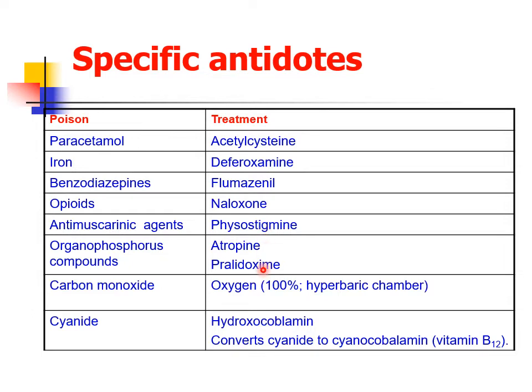Atropine and pralidoxime are used in the treatment of organophosphorus compound poisoning. Oxygen is used in the treatment of carbon monoxide poisoning, and hydroxocobalamin is used in the treatment of cyanide poisoning.